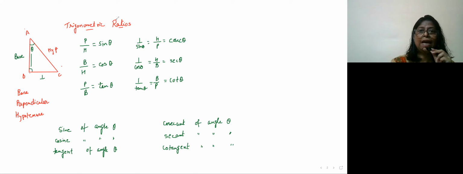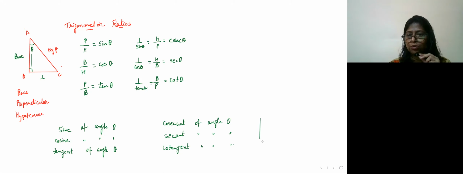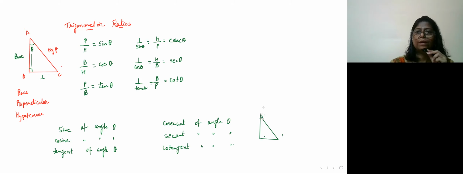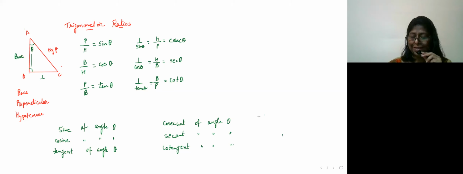Now let us take an example, just to make ourselves thorough with it. This is a right angle triangle. Let us draw it properly.